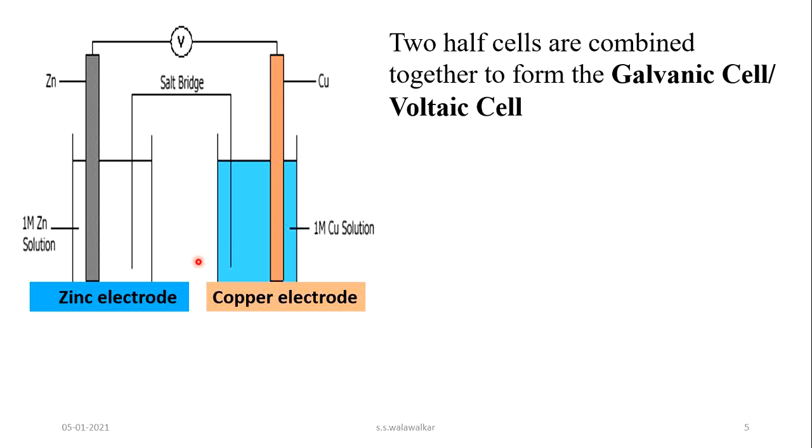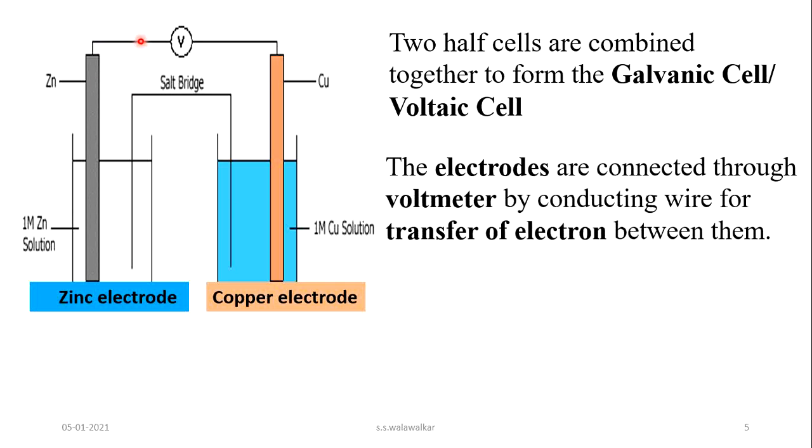Galvanic cell. When these two half cells are combined, the two electrodes, zinc electrode and copper electrode, are connected by this conducting wire through this voltmeter, and the two solutions are connected by the salt bridge. What is meant by salt bridge, that we will see later on.